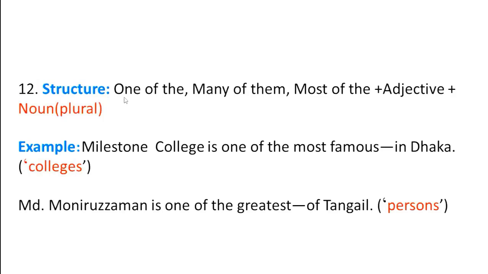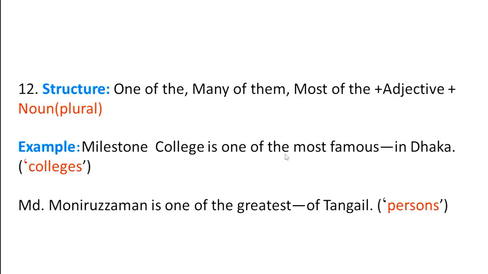Number 12. If you find the structure, one of the or many of them or most of the plus adjective, then you can use noun, that means plural noun, to complete the sentence. Look at an example.